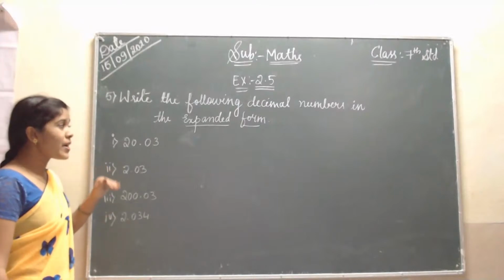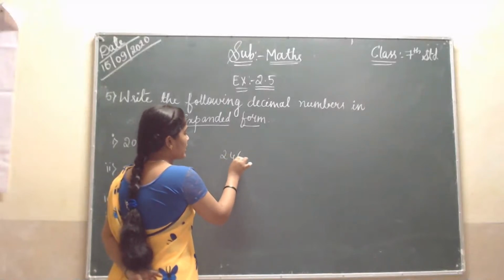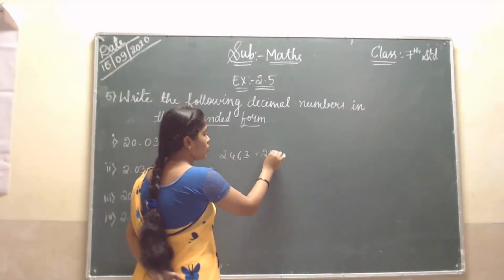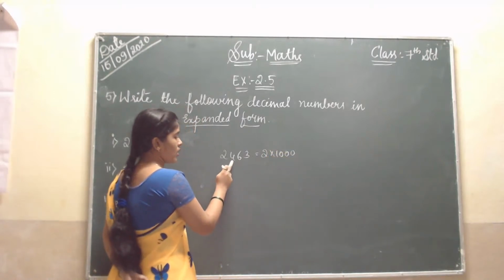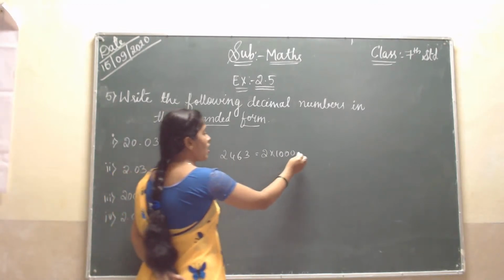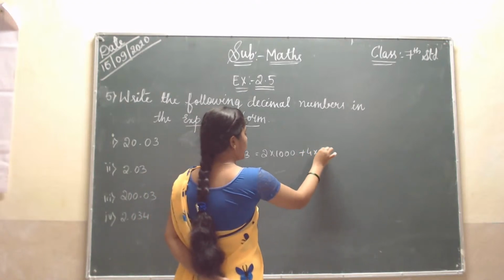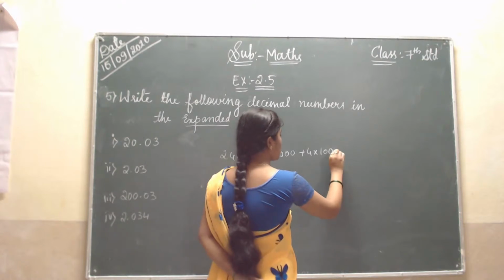See, expanded form is nothing but, for example, 2463. So the expanded form is 2 into 1000. After 2, there are 3 numbers, so we take 3 zeros. Plus 4 into 100, because after 4 there are 2 numbers, so you should take 2 zeros.